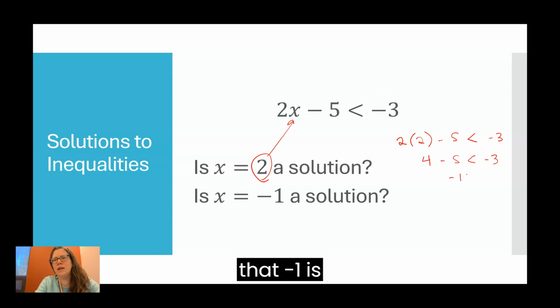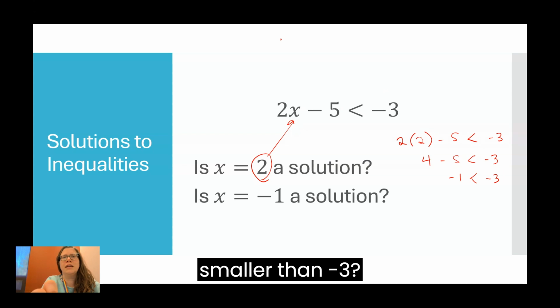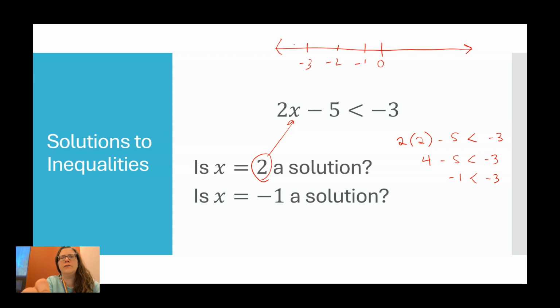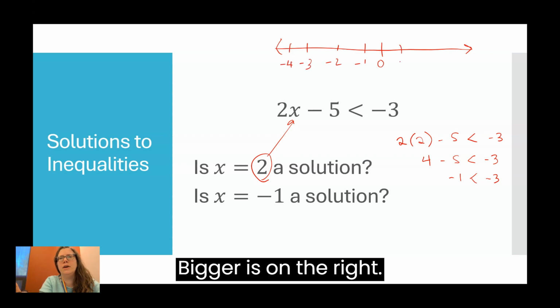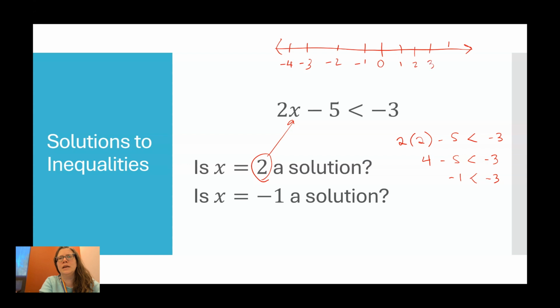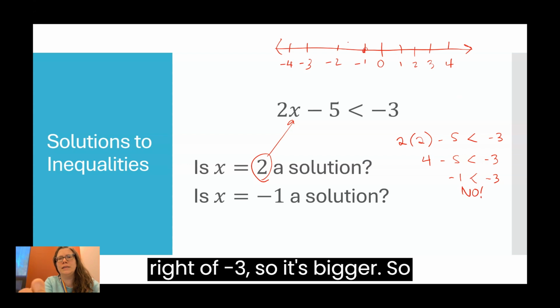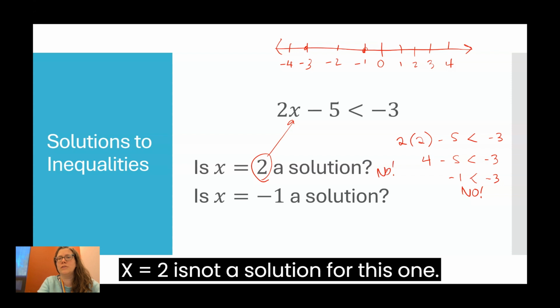Is it true that -1 is smaller than -3? Remember on your number line that smaller is on the left, bigger is on the right. -1 is not smaller than -3. It's to the right of -3, so it's bigger. So x equals 2 is not a solution for this one.